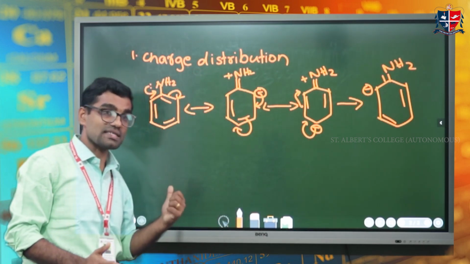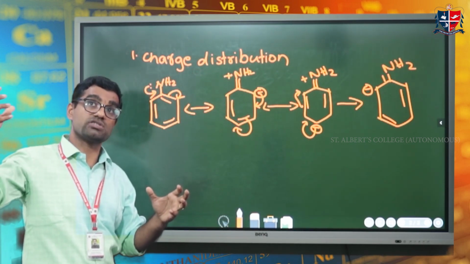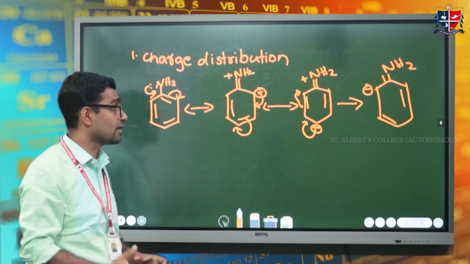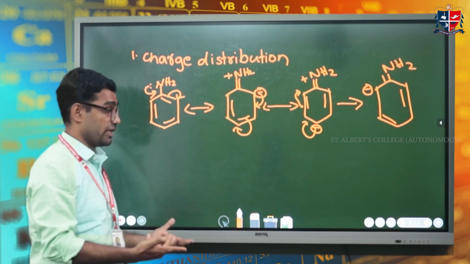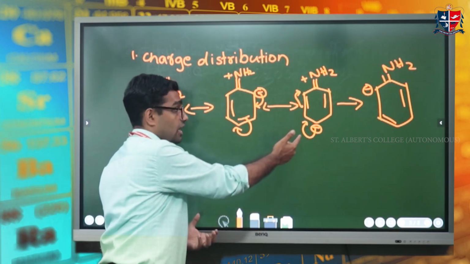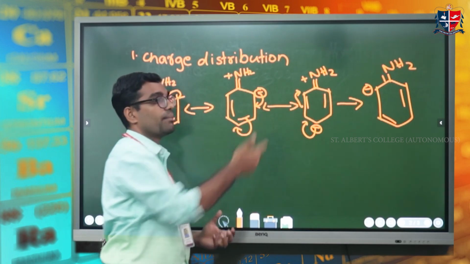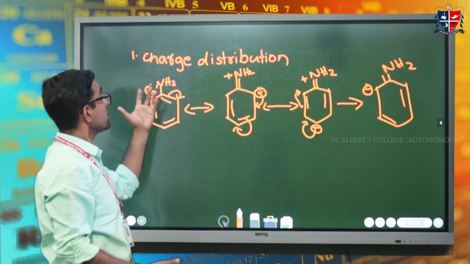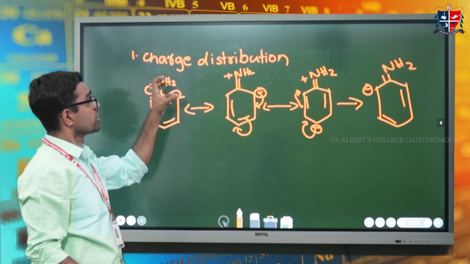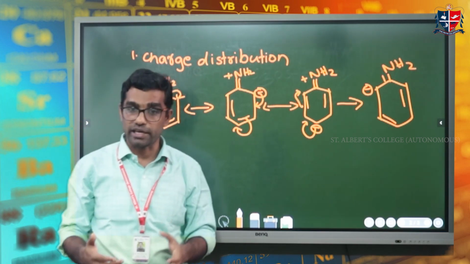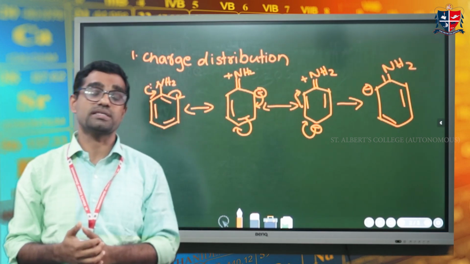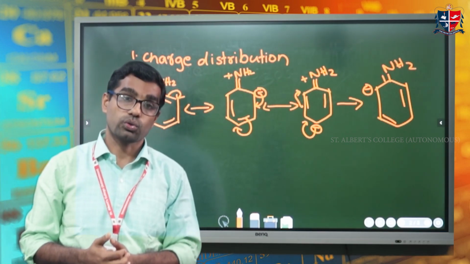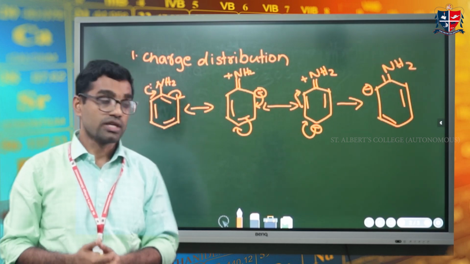From this, it is clear that a negative charge loving electrophile will preferably come to the ortho para positions. So using the concept of electronic charge distribution, we can explain why an NH2 group is ortho para directing.